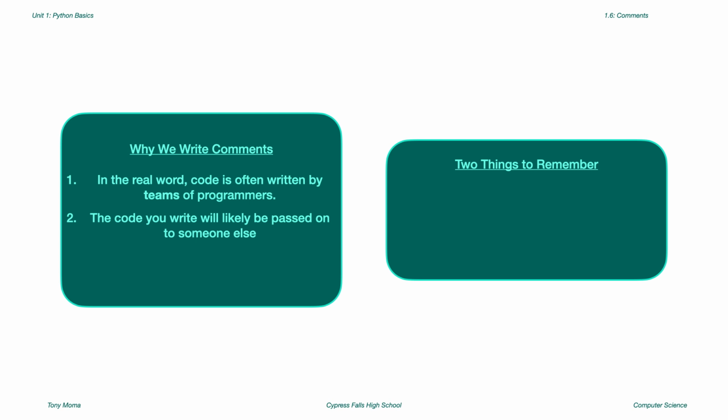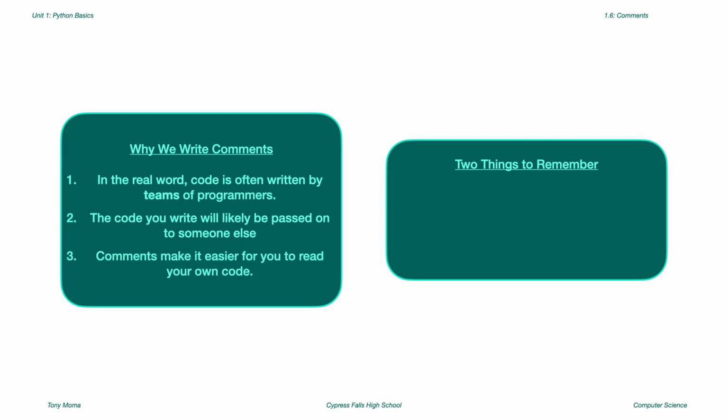Secondly, the code you write will likely be passed on to someone else. So even if you're not working with a specific person at the moment, eventually your code will get passed on to somebody else, and that person will have to pick up where you left off. Having comments written in the code will help that person understand what you're trying to do.